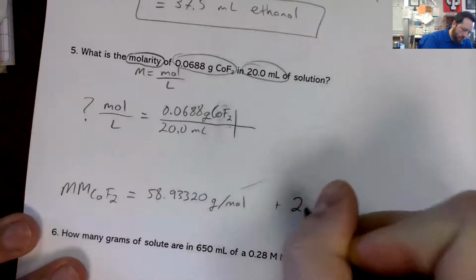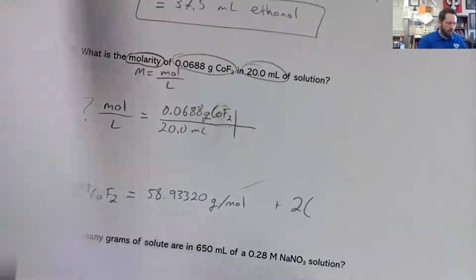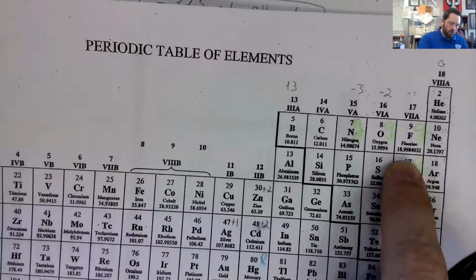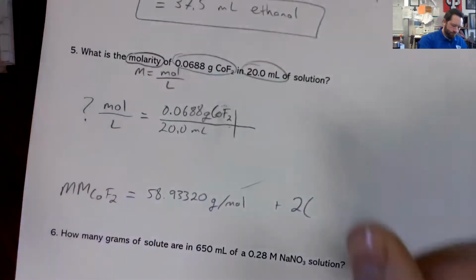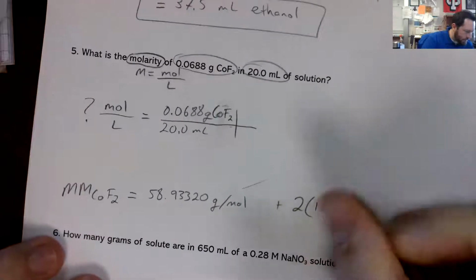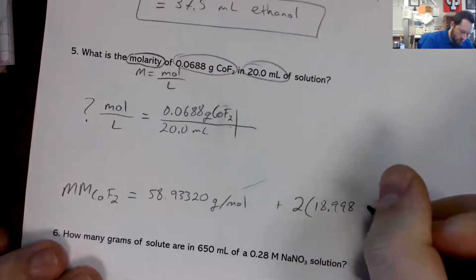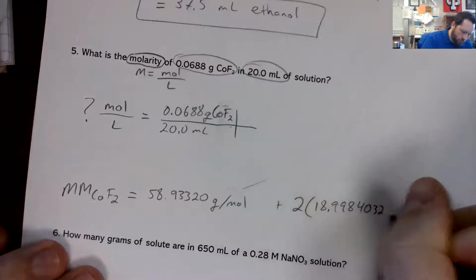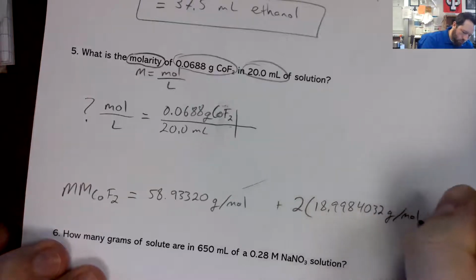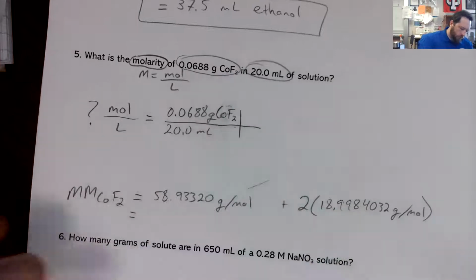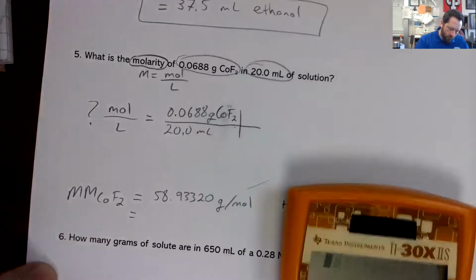And then we're going to add that to 2 times the mass of fluorine. So here's fluorine, 18.9984032 grams per mole.